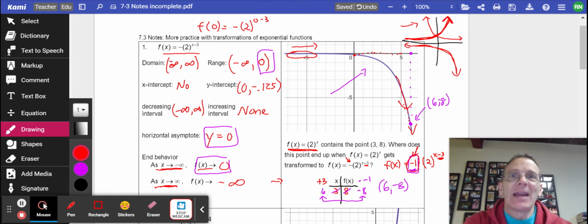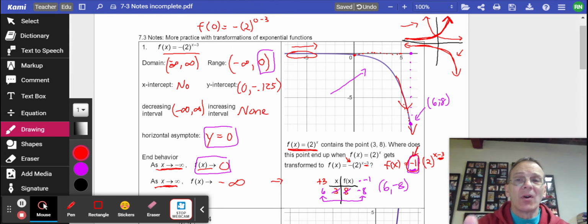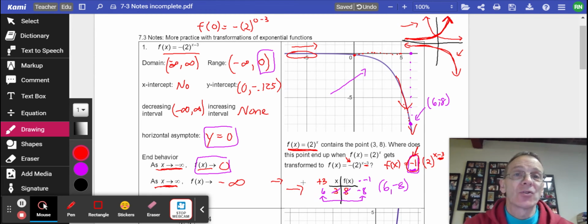And we didn't see any exponential functions that were completely underneath the x-axis before. But that doesn't change at all, not at all, how we think about or answer all of these questions about key features, or how we process the transformation of an ordered pair. Really, it doesn't change a thing.